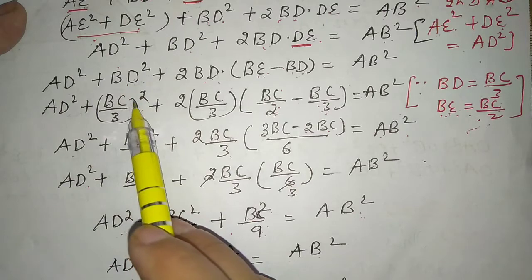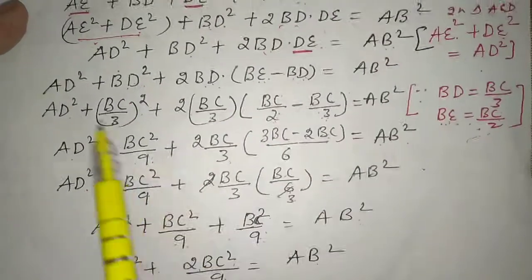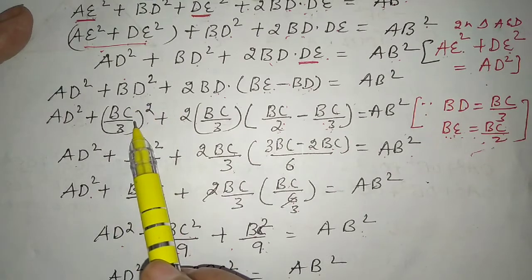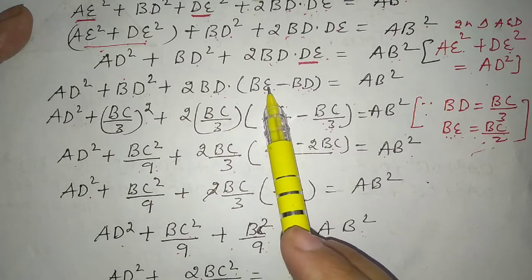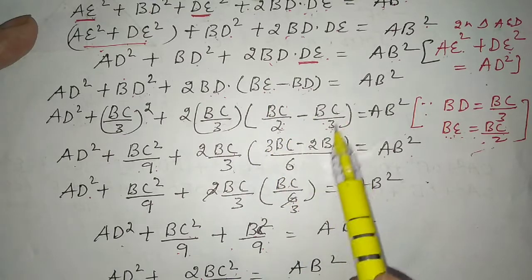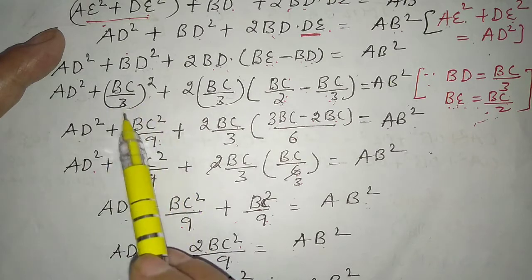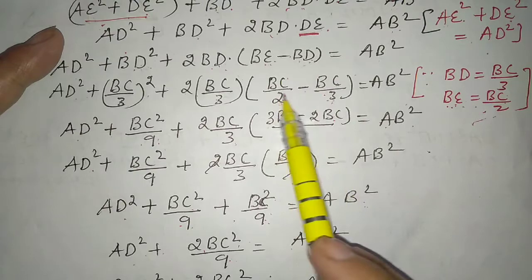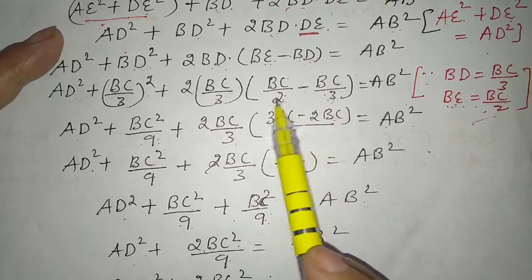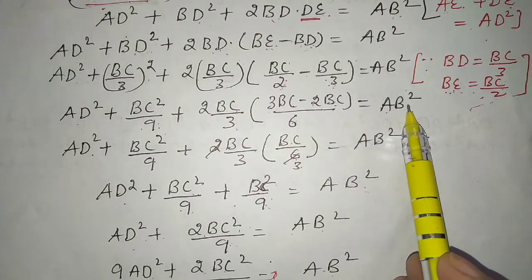So here we have written BE is equal to half of BC. AD square, BD we have changed here: BC by 3 whole square plus 2 into BC by 3, BE we have written BC by 2 minus BC by 3, is equal to AB square. AD square plus BC square upon 9, opening the bracket, 2BC by 3, taking the LCM inside, 6. So here we have 3BC minus 2BC is equal to AB square.